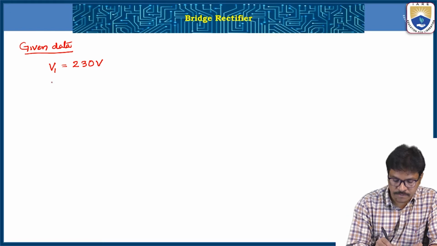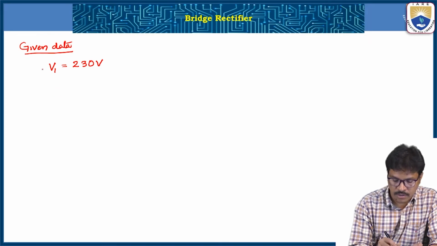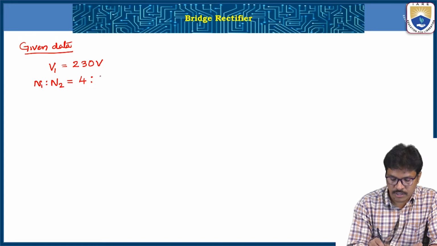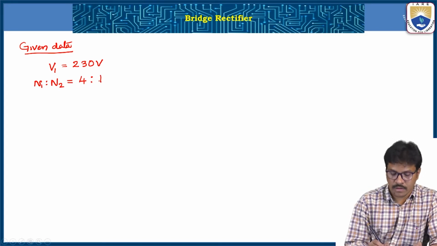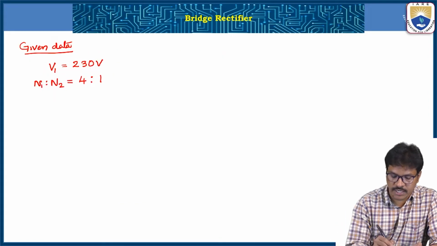The turns ratio N1 to N2 is 4:1. There are 4 diodes and the load resistor is 600 ohm.